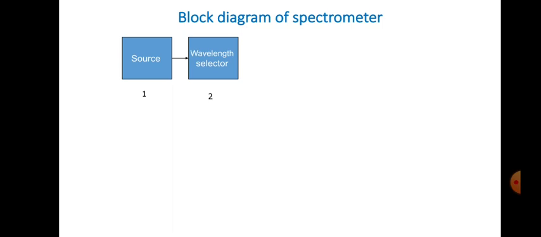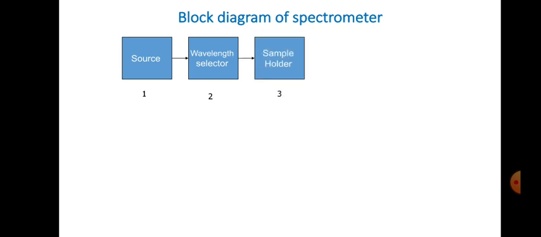Now we will try to understand the block diagram in a sequential way. What is the sequence of these components present in the spectrophotometer? The first is obviously the radiation source which emits the radiation. The emitted radiations are usually polychromatic in nature. This polychromatic radiation will be converted to a monochromatic radiation by the wavelength selector.